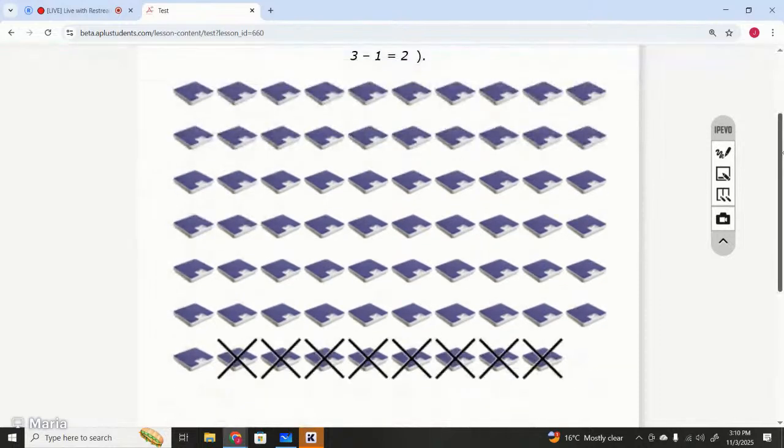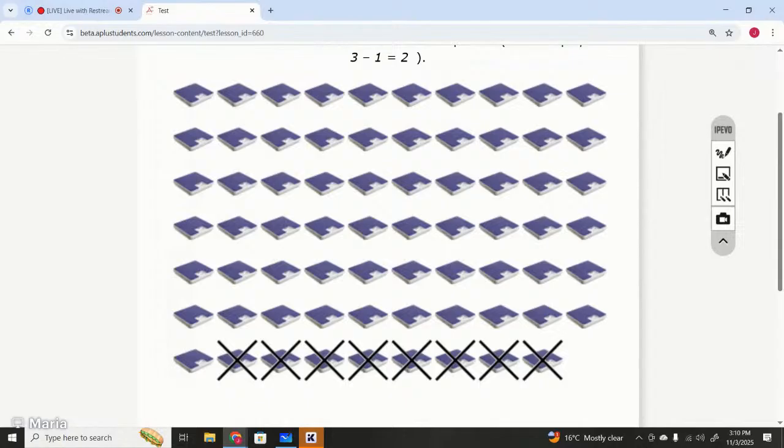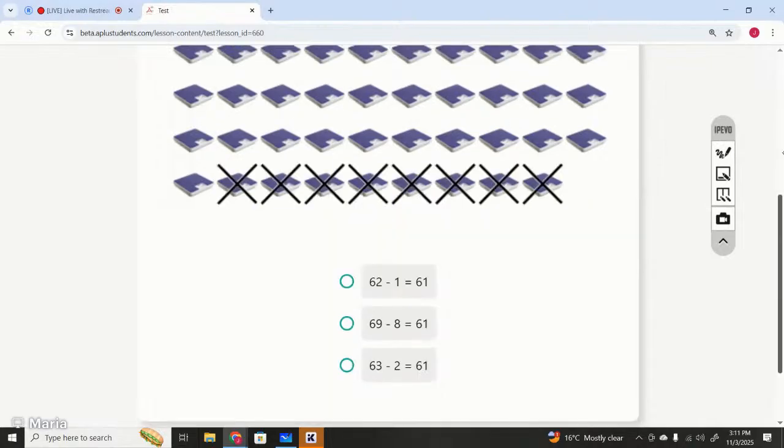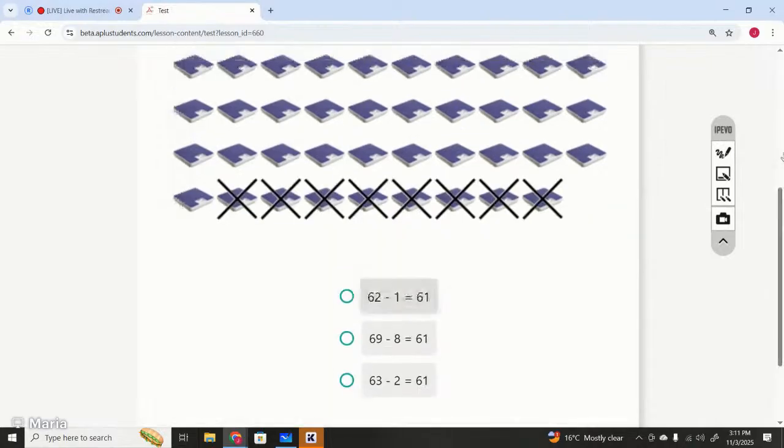Write a subtraction sentence based on the picture. 10, 20, 30, 40, 50, 60. It is 69, and 8 of them are crossed out. So 69 minus 8 is 61.